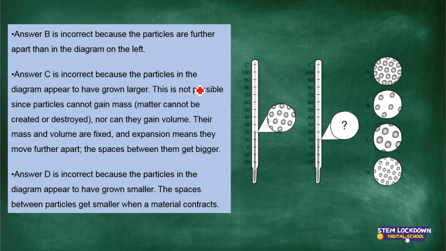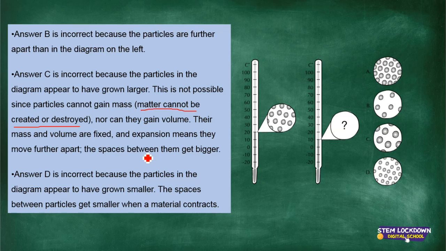An important thing for you to know is that the particles inside cannot be created or destroyed. You're not losing or gaining extra particles in this mercury liquid. It's the same as at 10 degrees here. The only thing that is moving is the spaces between each particle. So the mass and the number of particles are fixed, and expansion means that they move apart and the spaces between them get bigger.